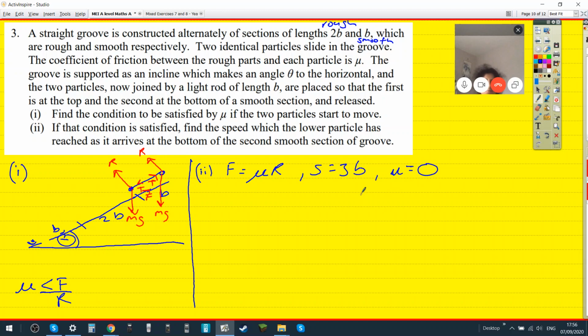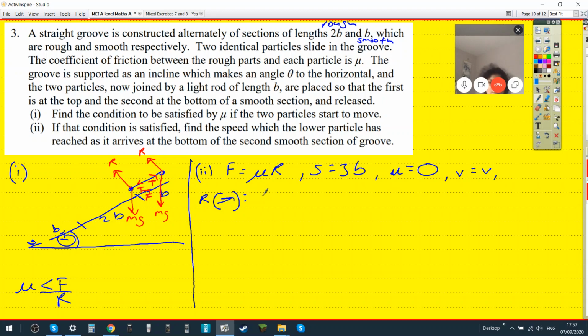We don't know what A is, but we want to know what A is. Sum of F equals MA. So you would have to find A. Yeah, and we don't really care what T is. So we should probably resolve. To find A, which one are you resolving?